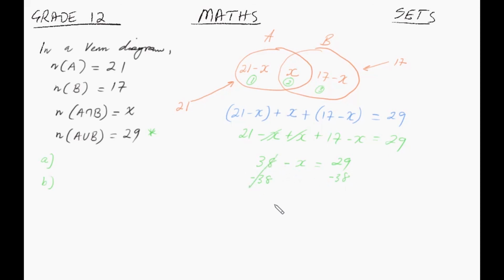So we have negative x is equal to 29 minus 38, which is negative 9. Divide by negative on both sides, because we don't need negative x, we need x. So x equals 9. By so doing, you have answered the question, which was to form an equation and hence find x.